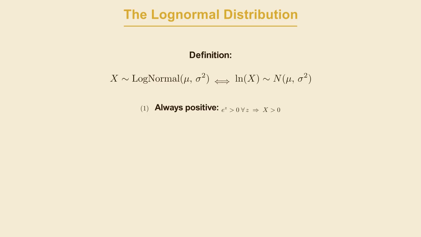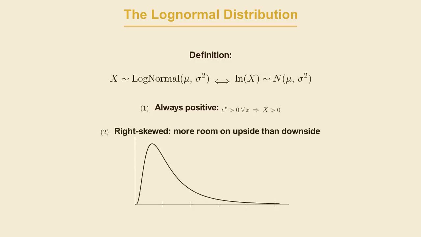No matter what value log of x takes, x itself ends up above zero, so that solves the negative price problem. Second, the distribution is right skewed. The right tail is longer than the left. This matches how prices actually behave. They can fall by at most 100%, but they can rise by many hundreds of percentages over long periods. The distribution has room on the upside that it does not have on the downside.